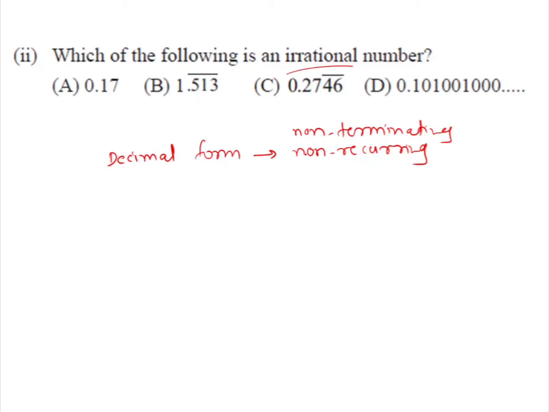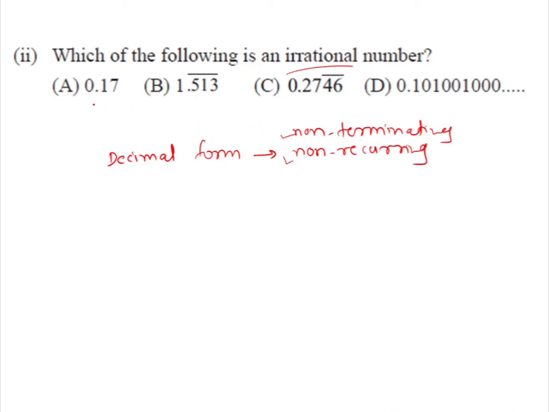That means at any point we must not get the remainder 0. So it is called non-terminating, and there must not be any number or group of numbers which is repeating again and again. Recurring, if there is a number which is non-recurring, then we say that it is an irrational number. So we have to find from all these four which satisfies both of these two conditions.